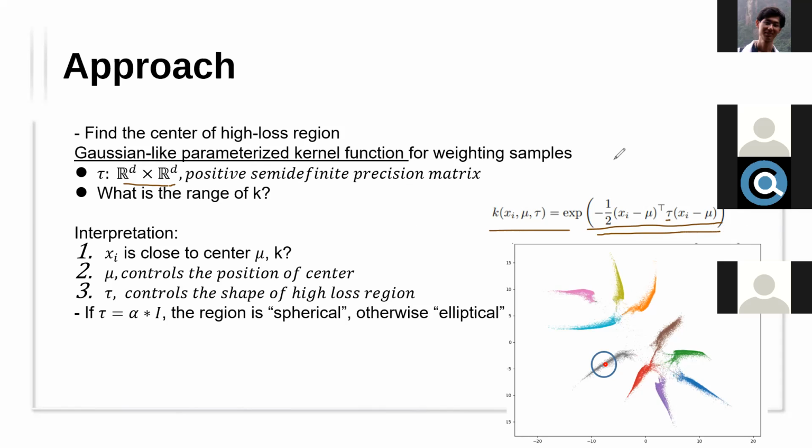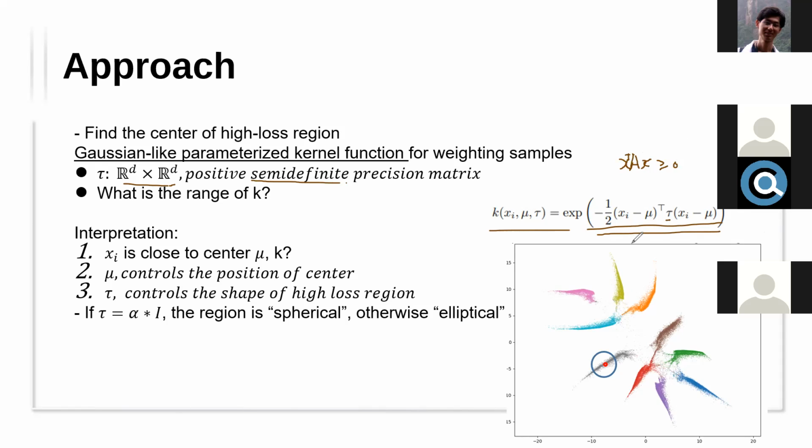For any semi-definite matrix, let's say A, it has the property that for any vector x, x transpose times A times x is larger than or equal to 0. So the range is 0 to 1. Yeah, that's correct.